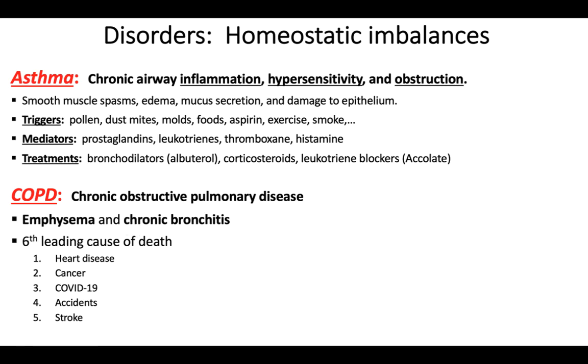But there are cases of emphysema and bronchitis where it's not due to smoking. Maybe it's occupational. Maybe they work in a factory and they're breathing in really poor air. But emphysema and chronic bronchitis are typically caused because of chronic inflammation, because your immune system is constantly trying to clean up that tissue from all that nasty air, and it ends up destroying some of the tissue.